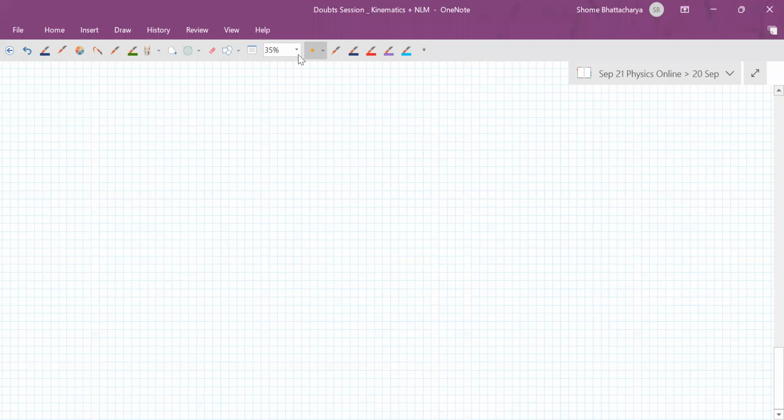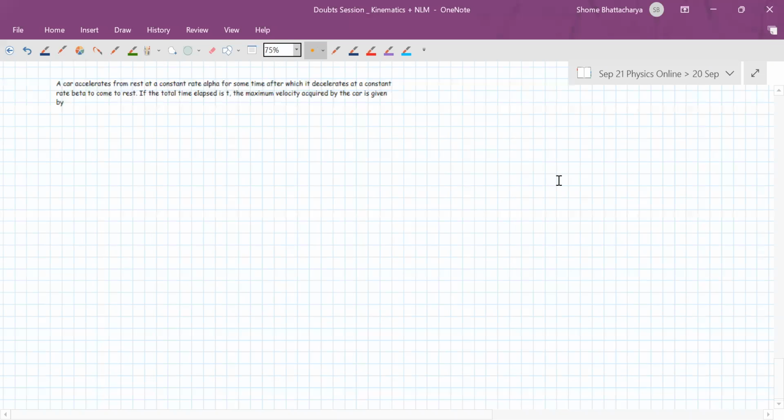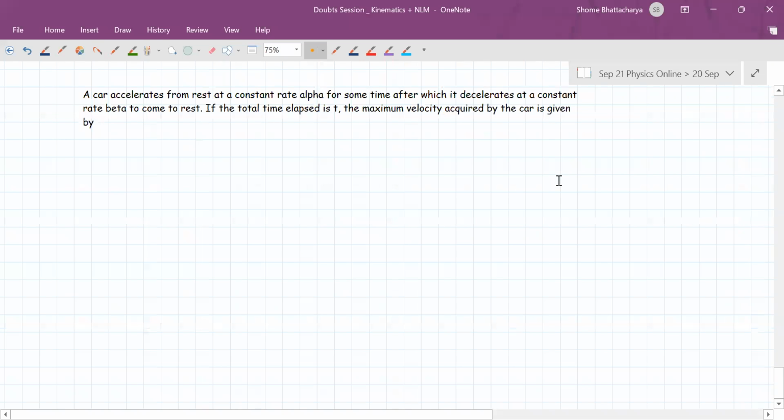Okay, so this is a question sent by Arushi. Okay, let's go through the question. We have to find the maximum velocity in terms of the given parameters, which are alpha, beta, and the time t.